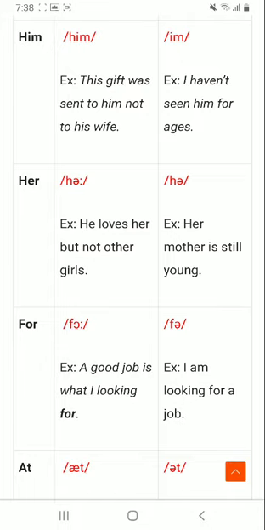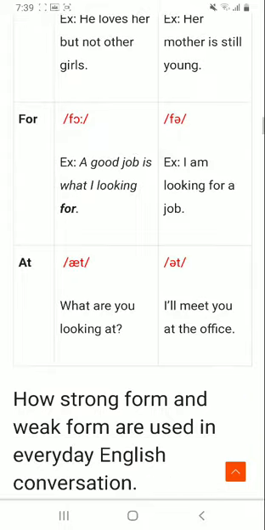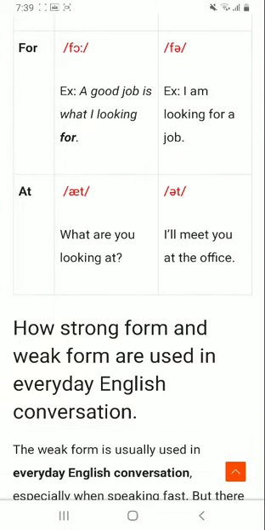He loves her, but not any other girl. Like the same him, when it is addressed in the first part, it comes strong. When it addresses the second stage, it goes for the weaker. Her mother is still young. Okay.